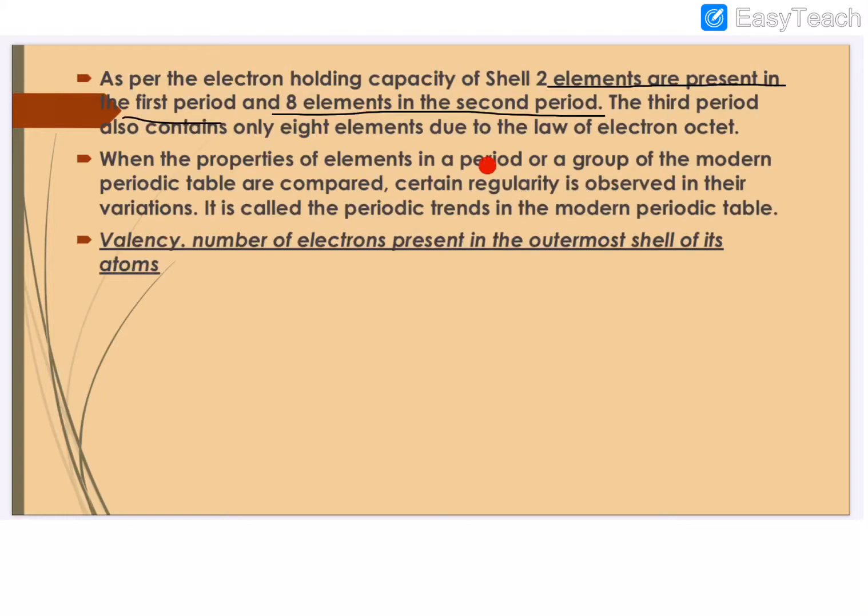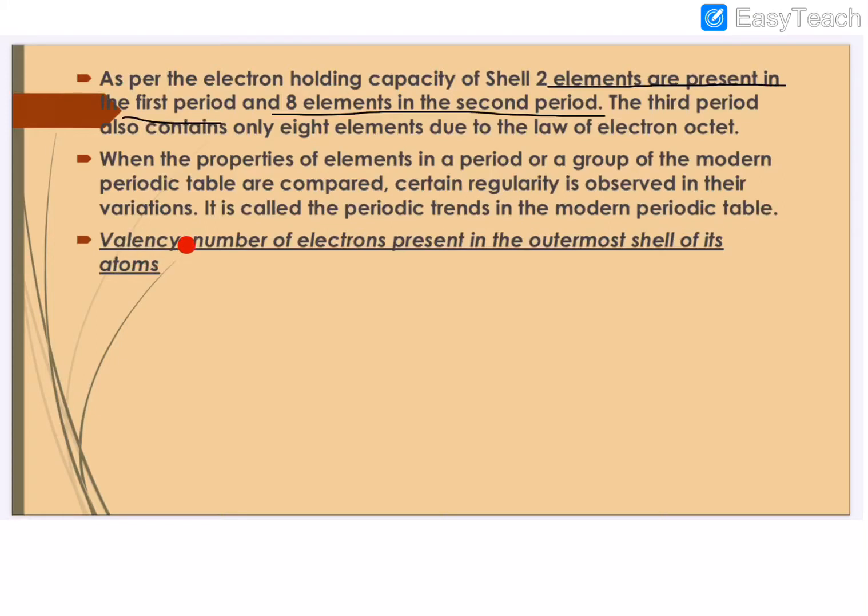These regularities are called periodic trends in the modern periodic table. Periodic trends means that in a period a regularity, a similarity, is repeated.